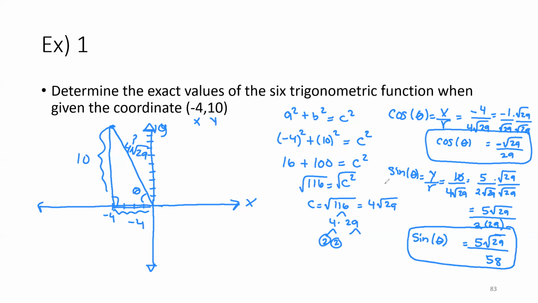Okay, so that's cosine and sine, and then tan is also expressed as y over x. My y value is 10, and my x value is -4, which can be reduced by 2, so that is 5 over -2.